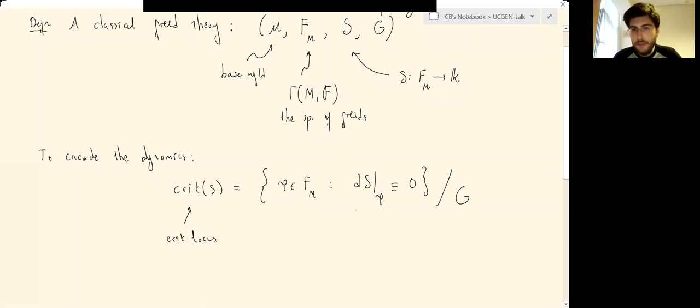If you look carefully, this condition gives a system of differential equations. These define the field equations of the theory, sometimes called the Euler-Lagrange equations.